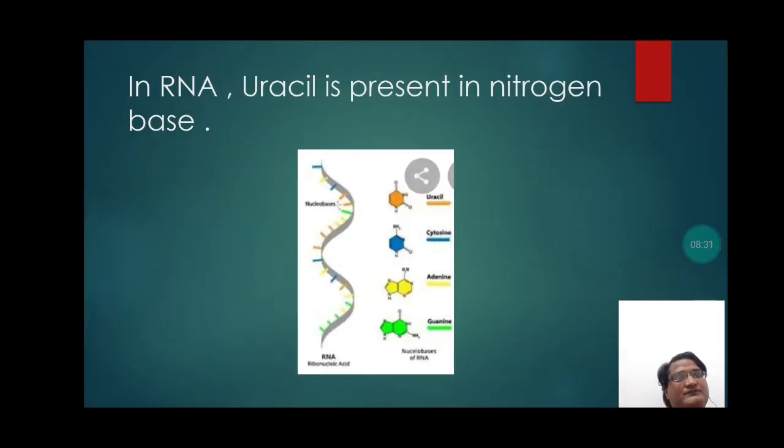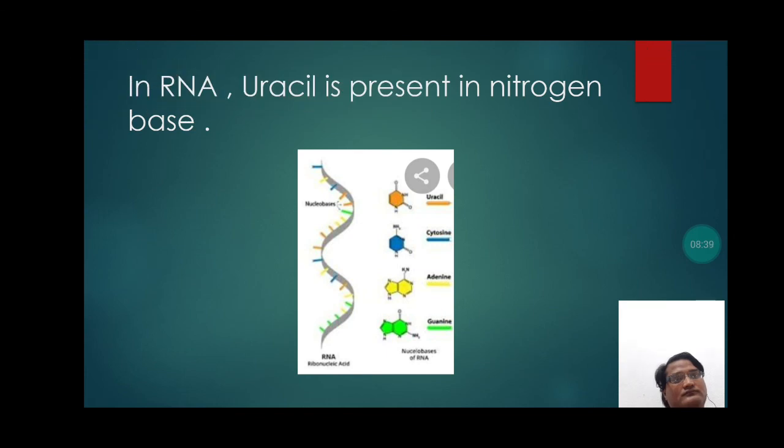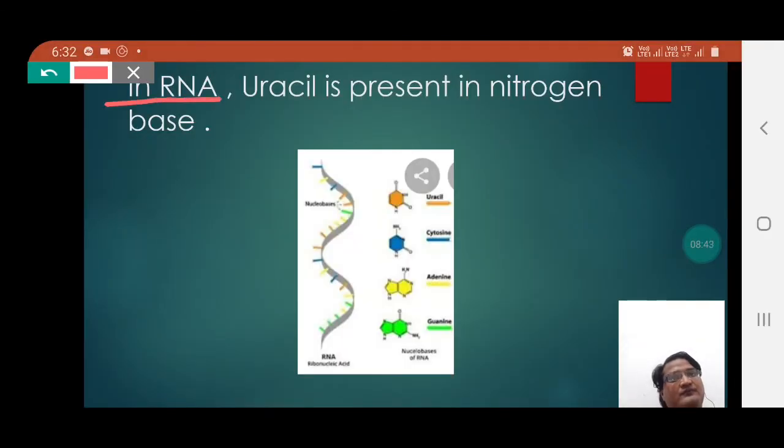In RNA, uracil is present in the nitrogen base. So students, the most important feature in the RNA is that uracil remains present in the nitrogen base.